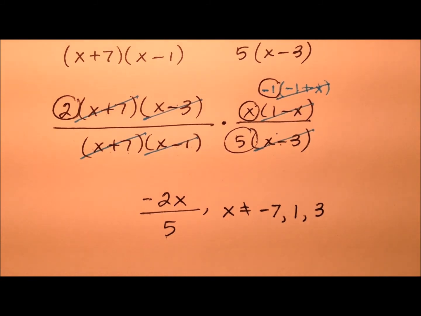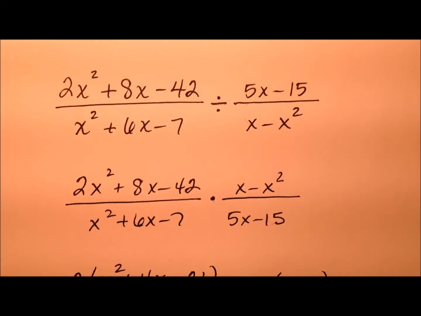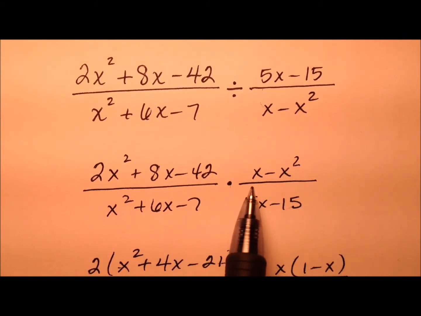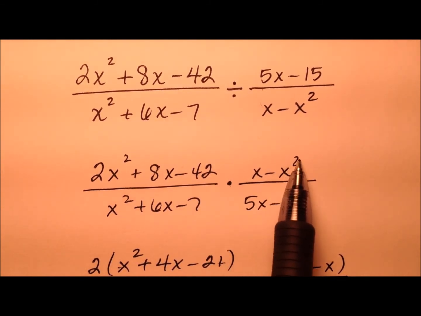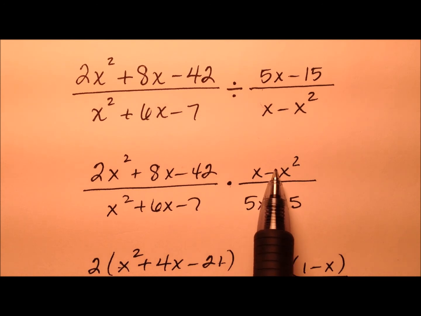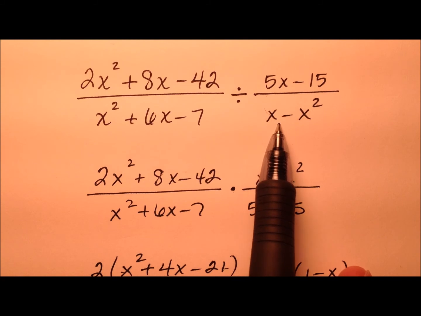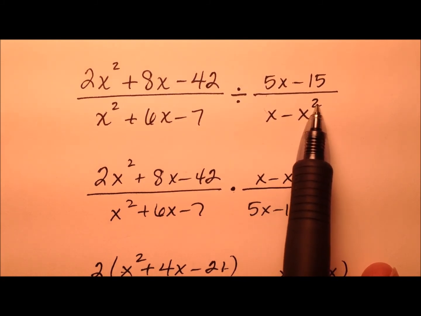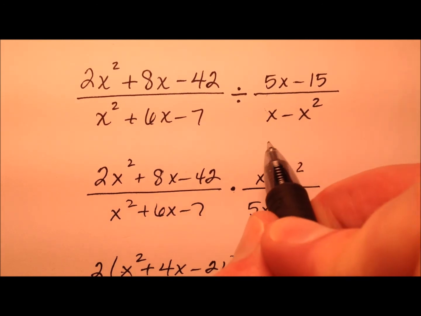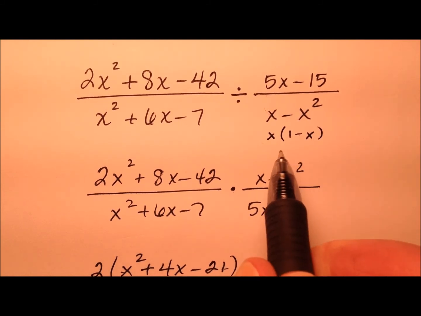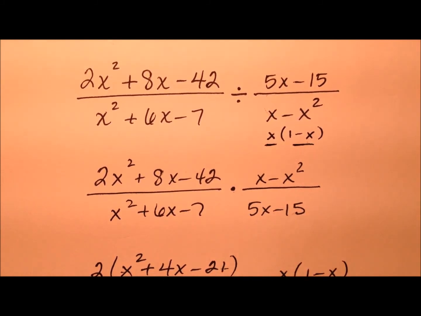But I want to look at one more thing. Let's go back to the original problem real quick. Even though this turned out to be multiplication and I had x minus x squared in the numerator, it wasn't always like that. This originally came from a division problem where x minus x squared was in the denominator. So consider what this factorization looked like: we had the x and a 1 minus x.